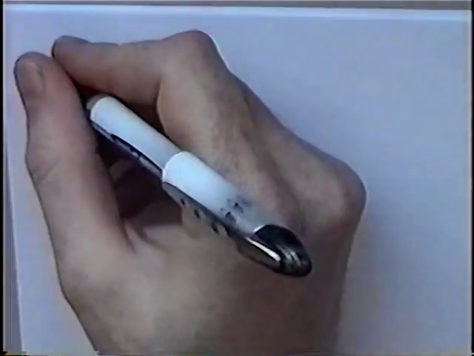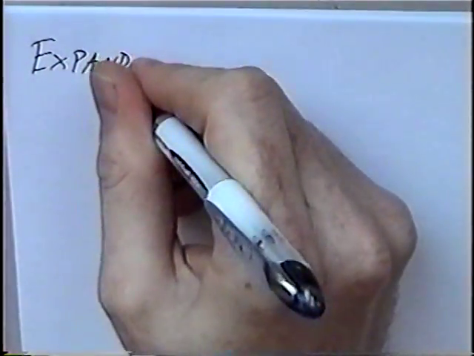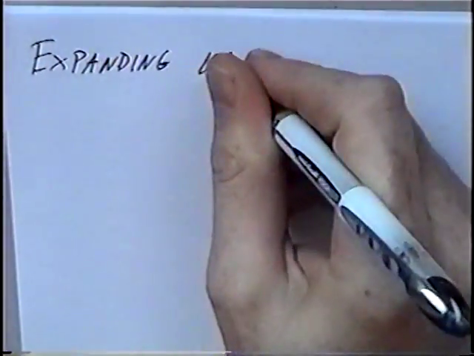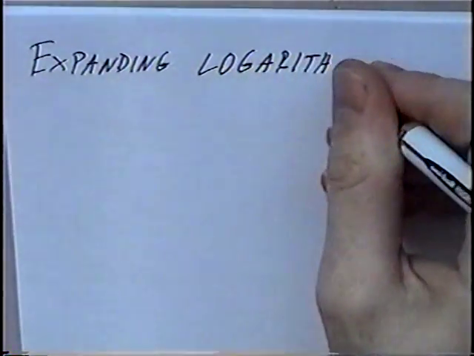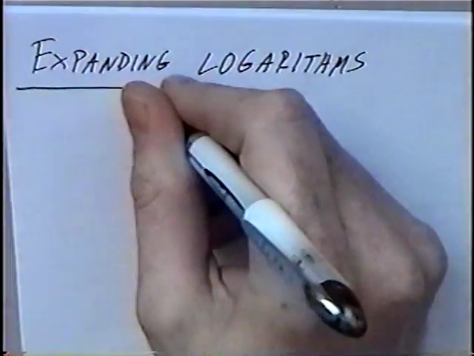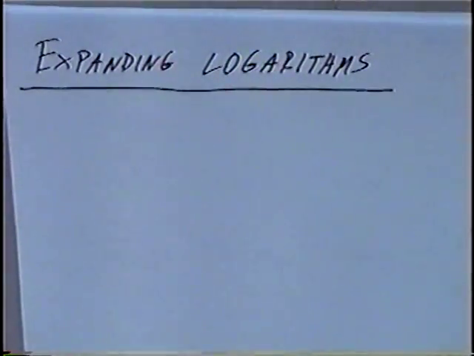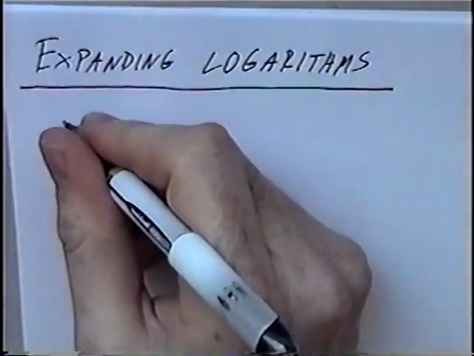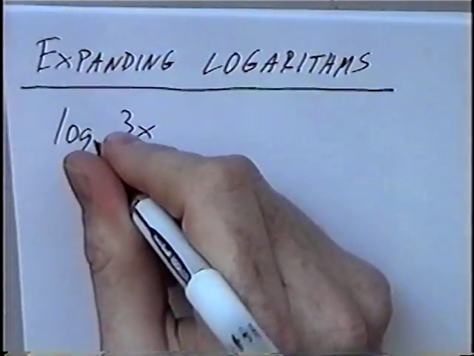Title of the first section today is Expanding Logarithms. In this section, we'll use the properties of logarithms to expand the logs. First question is log of 3x base 4.